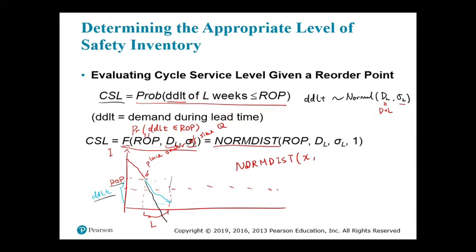The first input is the CDF function input value. Then you input the mean, then the standard deviation, and then whether or not this is a cumulative distribution function. If the fourth input is 1, it means it's CDF. If it's 0, it means it's PDF.